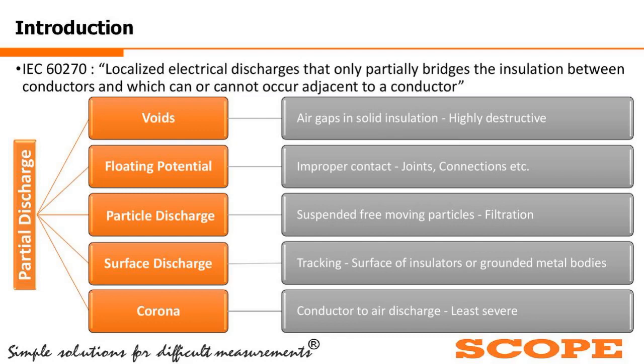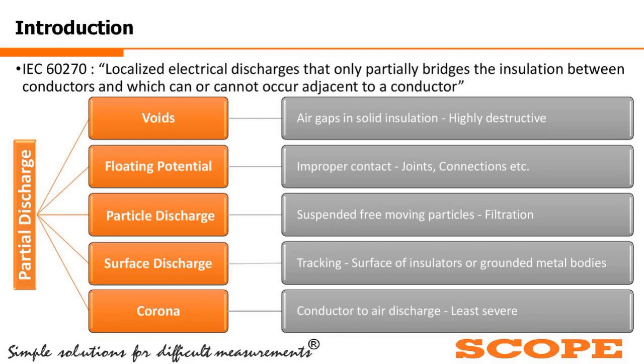As a result, the breakdown may happen between the two adjacent walls of the void, and as the discharge happens between those two walls, the internal material or the air bubble can expand more. If it is a metal piece or other things, whenever there is a discharge, there will be some carbon deposition, and as a result of that, the insulation degradation is happening. And from this we can understand it is a very highly destructive kind of partial discharge.